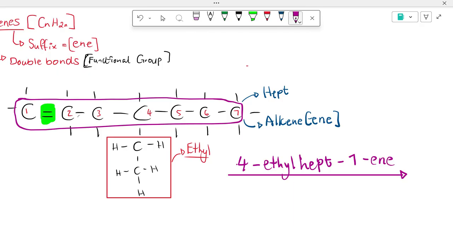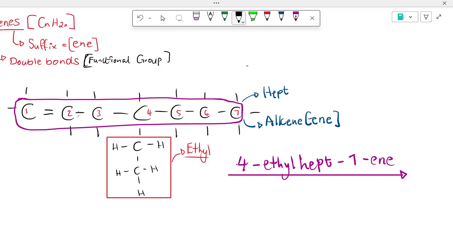right? So if I can take this double bond and I can just wake up on one random day and I decide to put it here. Notice how the double bond could easily shift from carbon number 1 to carbon number 4. Because that is the case, I need to be specific when I'm writing down the IUPAC name. I need to be specific about which carbon this double bond is found on.